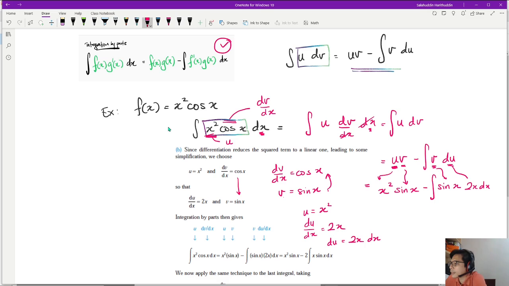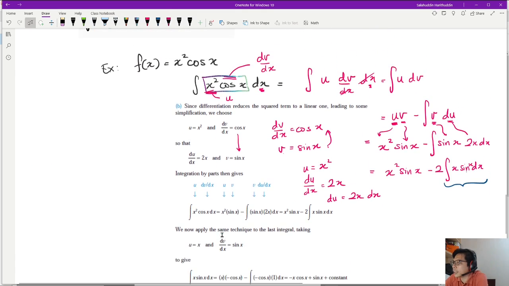Now you've got x squared sine x minus 2, we bring it out, and then x we leave inside. Now that is done, but here we have another problem where you have to integrate by parts again for this part here. So let's see the solution.